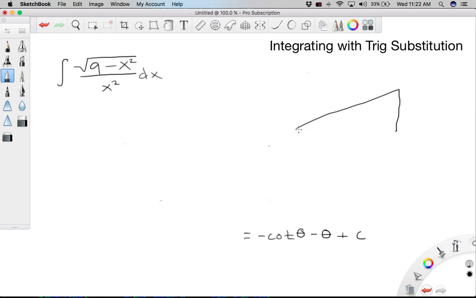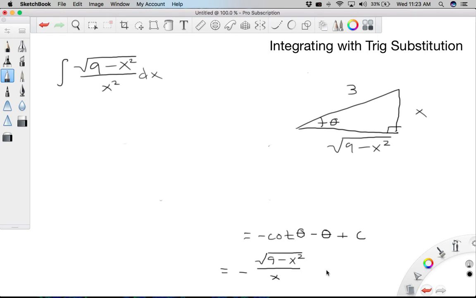And I guess that is actually going to require us to have our triangle back, so we'll draw it here. 3. Okay, so the negative cotangent is a pretty simple substitution because that's just the adjacent side divided by the opposite side. So what we're going to have is negative, and the cotangent is going to be square root of 9 minus x squared over x.